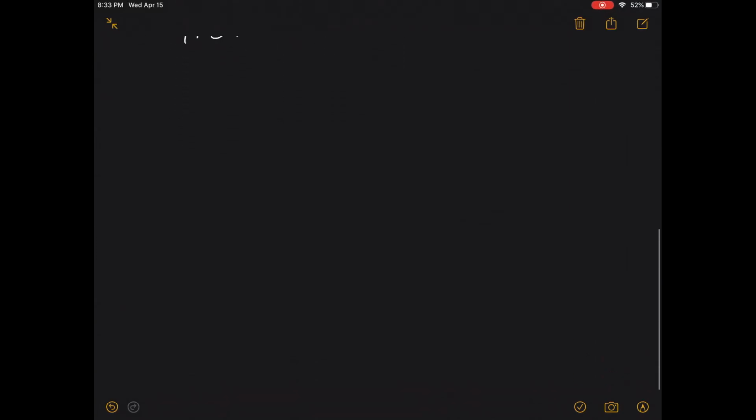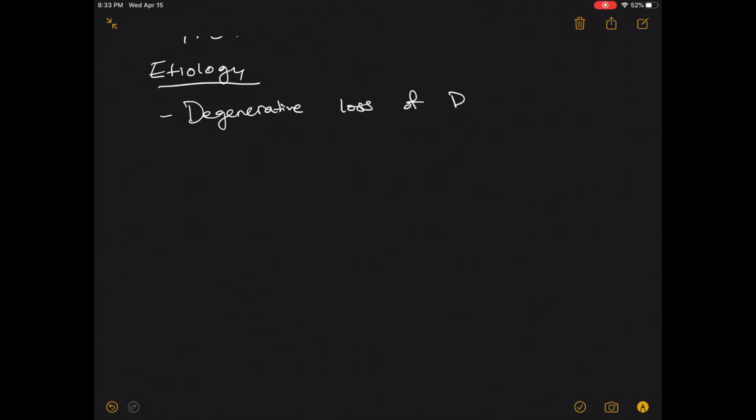Now we're just going to talk about the etiology of it. To brush up your mind on neuroanatomy, it is characterized by a degenerative loss of dopaminergic cells in the substantia nigra pars compacta, which is located in the basal ganglia.